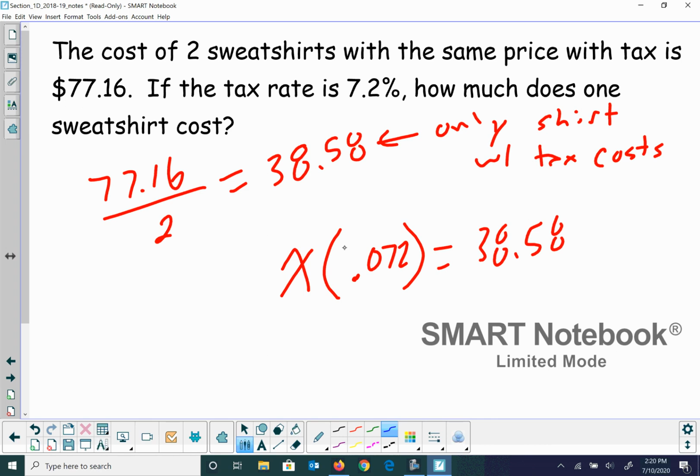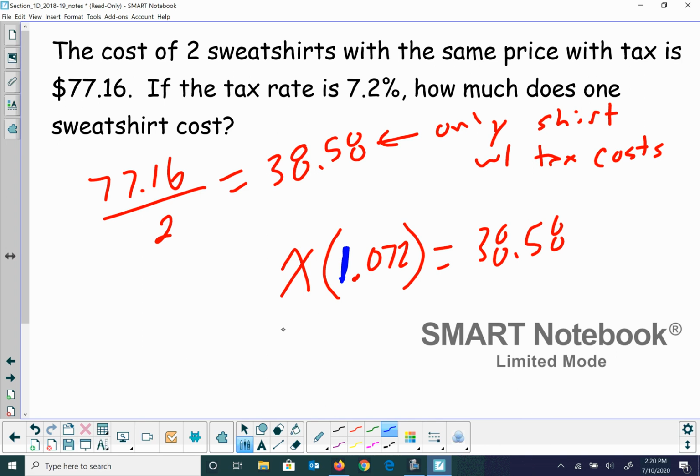The answer is yes. Because you're paying more, we're going to make that 1.072, because we're actually paying basically 7.2% more per shirt. So I'm paying 107.2% of what the shirt cost because of the tax.